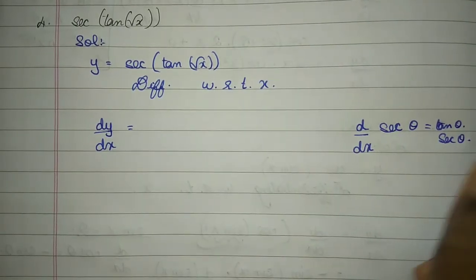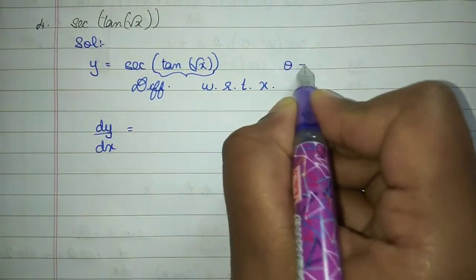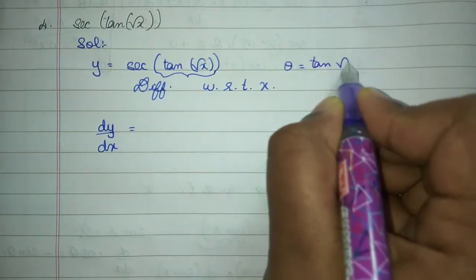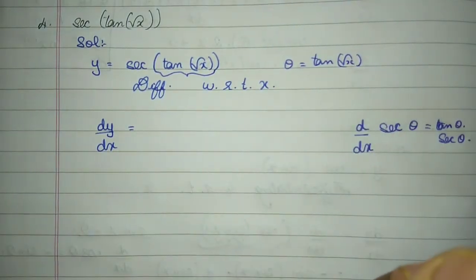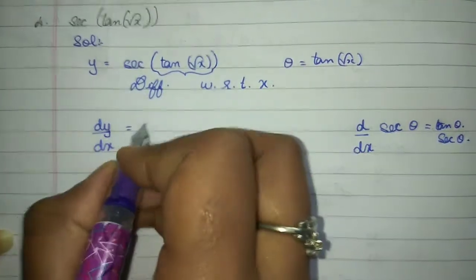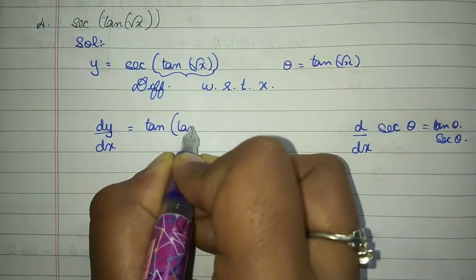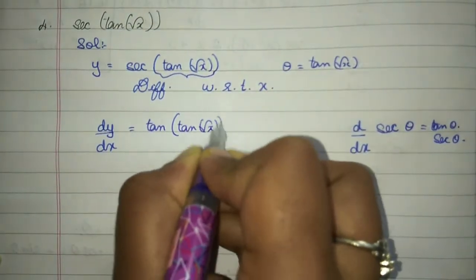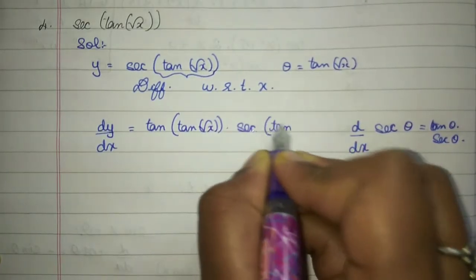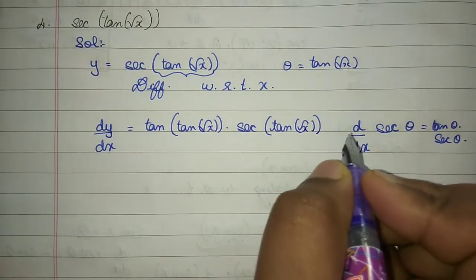So this theta value here, for secant, the theta value will be tan of root x. This is the theta value for secant function. Okay, so I will write tan of tan root x into secant tan of root x. Okay, so for this secant, it is over.